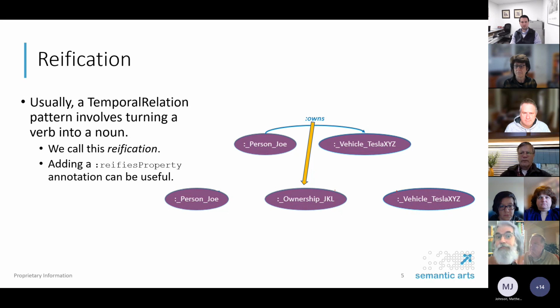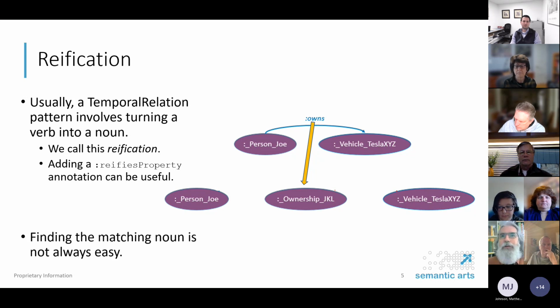We have found in our own work that adding an annotation that we call reifies property can be very useful. So you can put it on one of these classes and then have an it gives you a little more clue as to what's going on with that class.